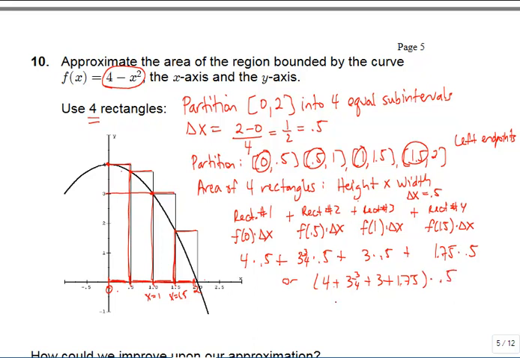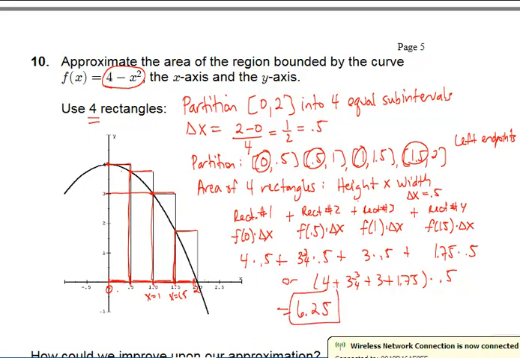No matter how you do it, you're going to get 6.25. Okay? So there is our area approximation using these 4 rectangles.